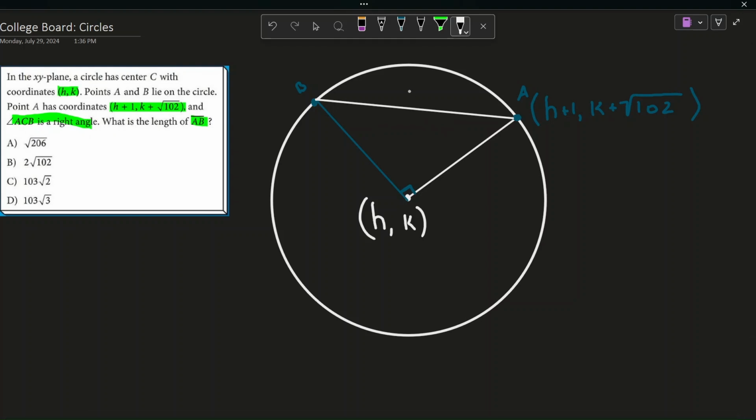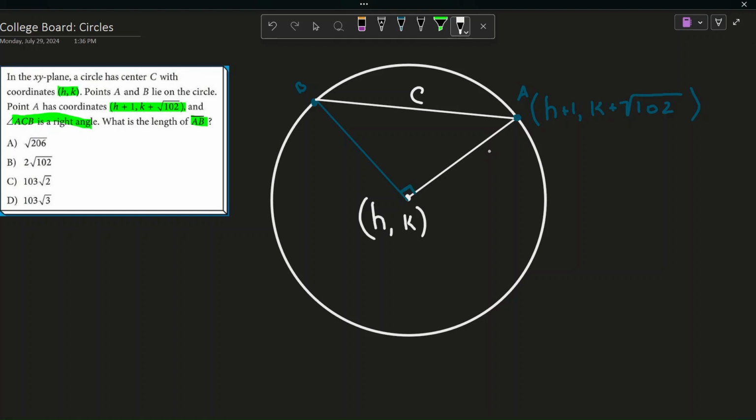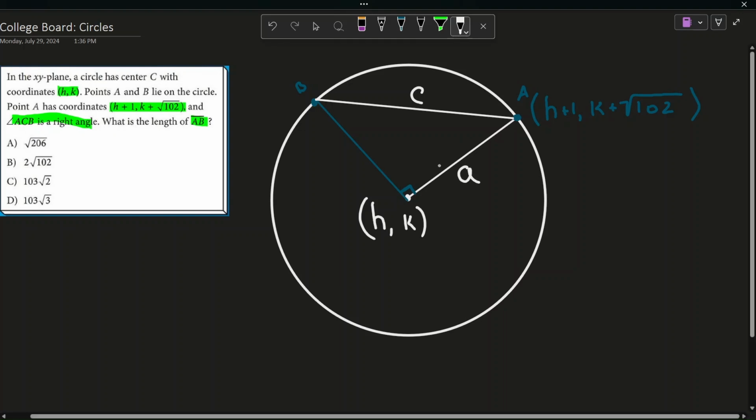And let's label the length C. All right. And since these two lines are the radii of the same circle, that means they're going to have lengths that are the same. So if we label the length of line AC A, that means the length of line BC is also A.